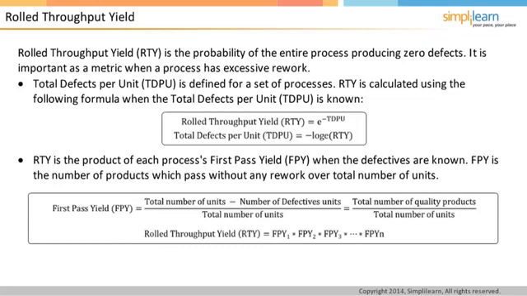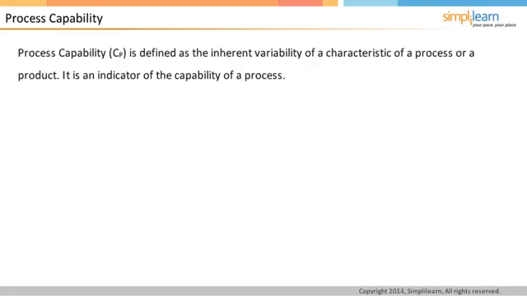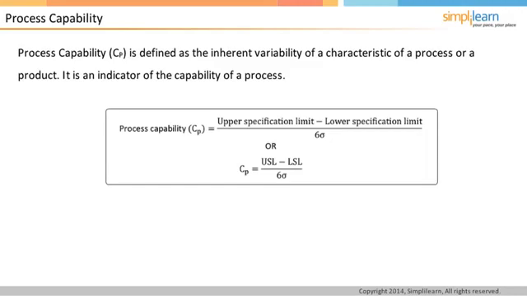We will discuss process capability in this screen. Process capability, or CP, is defined as the inherent variability of a characteristic of a process or a product. In other words, it might also mean how well a process meets customer requirement. CP is an indicator of capability of a process and is expressed as difference of USL and LSL divided by product of 6 sigma.